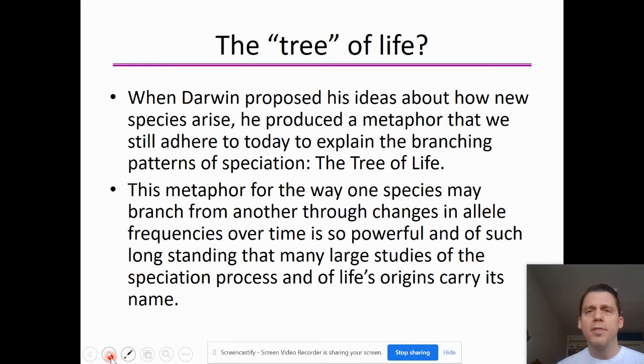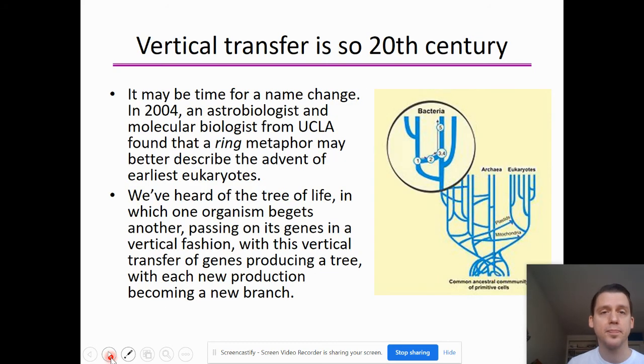So, what are the implications of this? When Darwin proposed his ideas about how new species arrived, he produced a metaphor that we still adhere to today to explain the branching patterns of speciation, the tree of life, right, branching. But Darwin assumed sort of vertical gene transfer, that things always got new genetics as they reproduced.